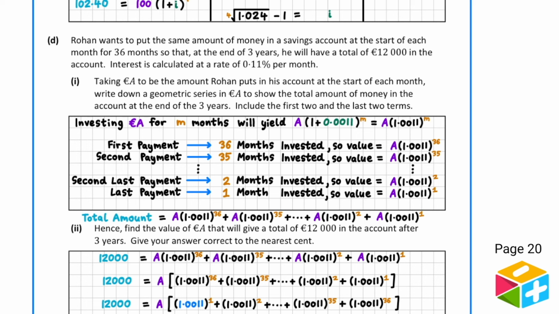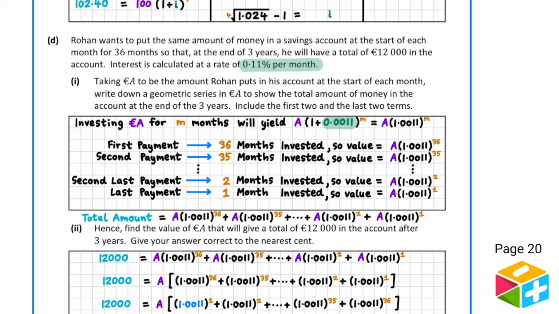Our good old friend, the compound interest formula, will help us here. The monthly interest rate is 0.11%. Written as a decimal, this is 0.0011.